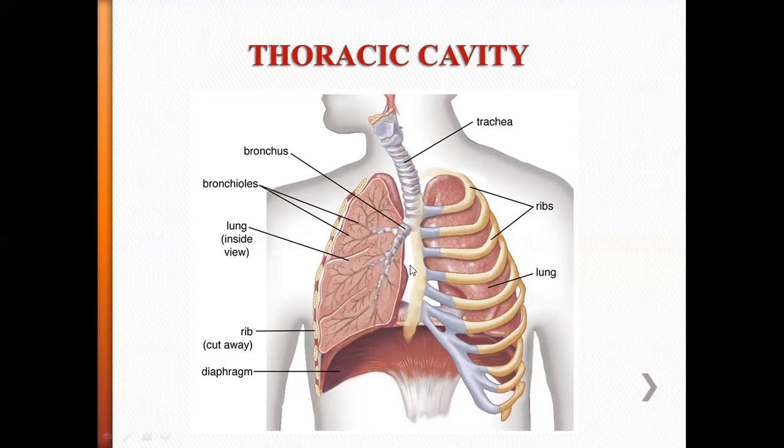Inferiorly we have our diaphragm, and the inferior aspect of our lung sits on the diaphragm. Remember, the lung is situated in the thoracic cavity.